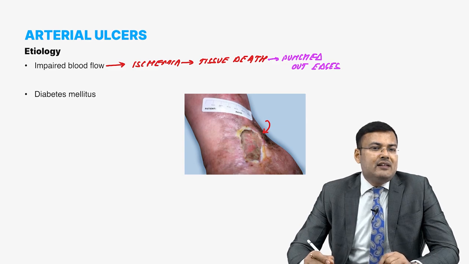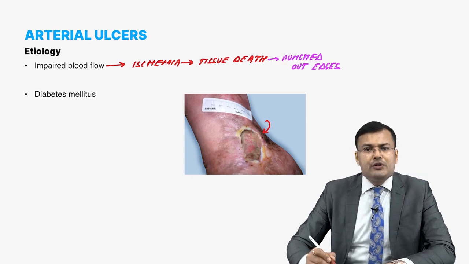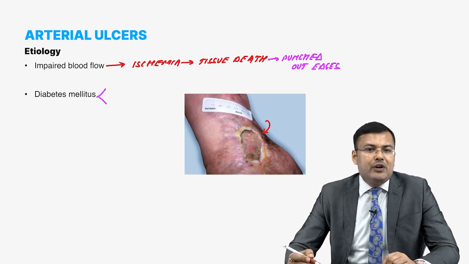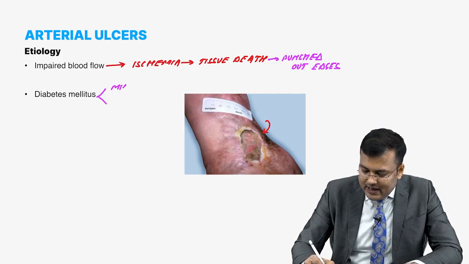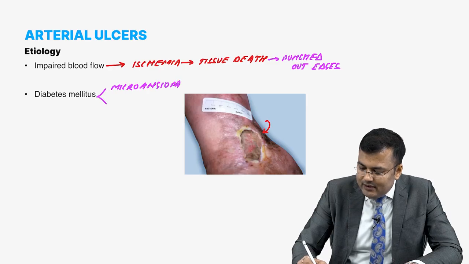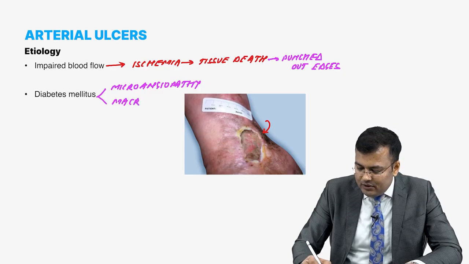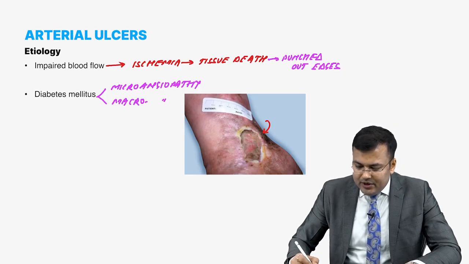Another cause of arterial ulcer is diabetes mellitus. Why? Because you know that in diabetes mellitus, there is both microangiopathy and macroangiopathy. Diabetes leads to micro as well as macroangiopathy, both. Because of this, what happens?